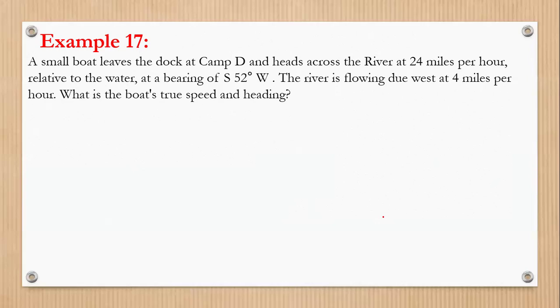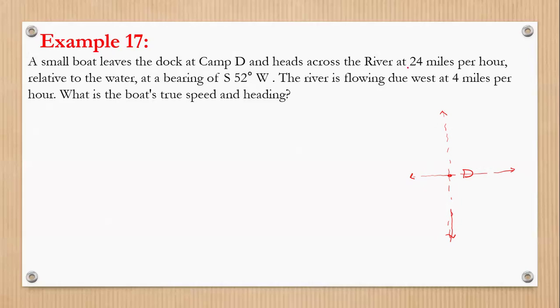Let's read the question again. It says a small boat leaves the dock at Camp D. So let's think this is Camp D. Let's show the four sides: north, east, west, south. It heads across the river at 24 miles per hour.